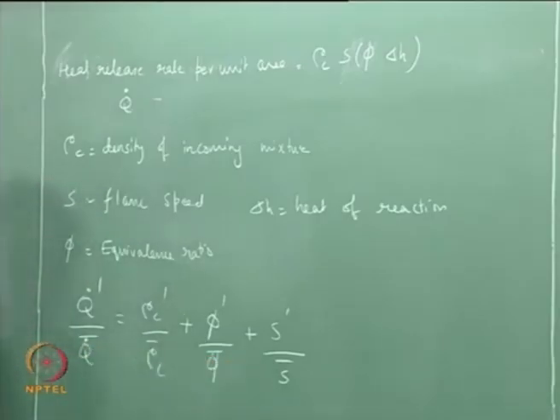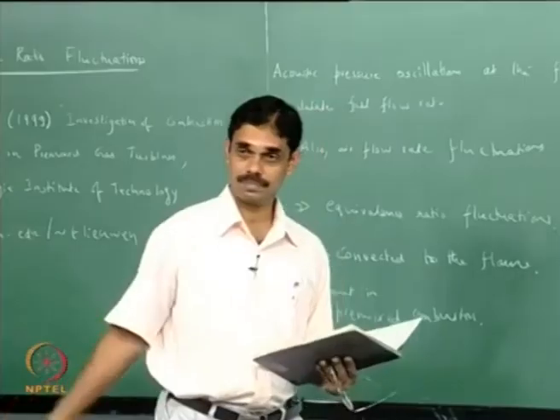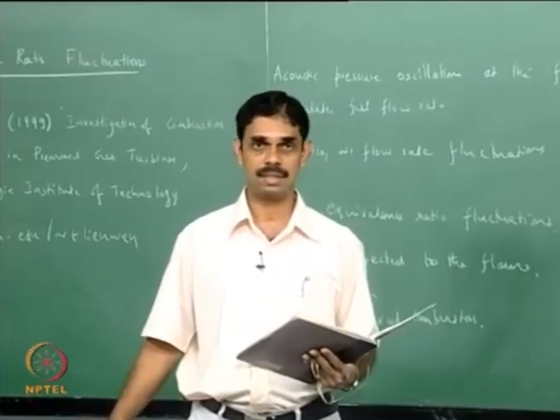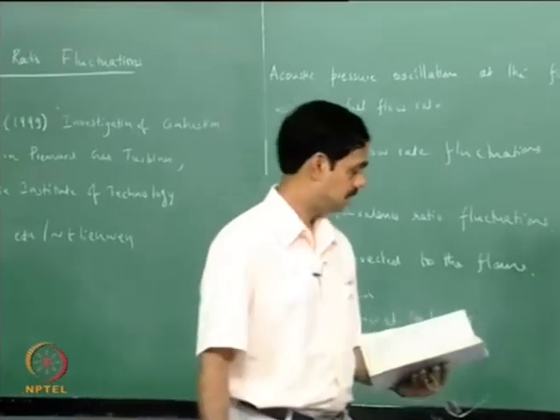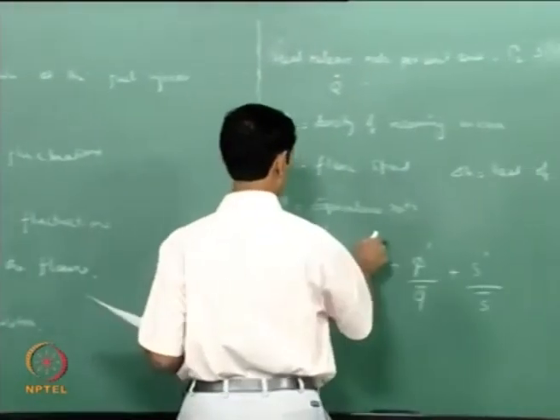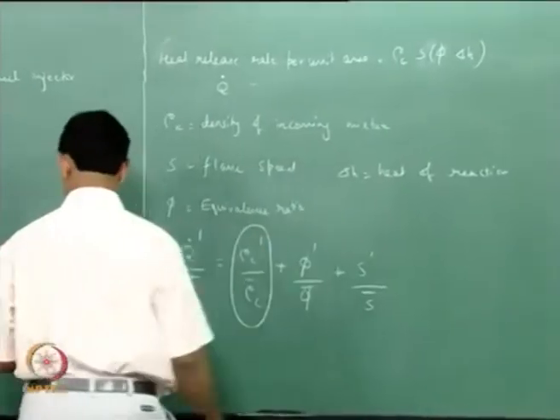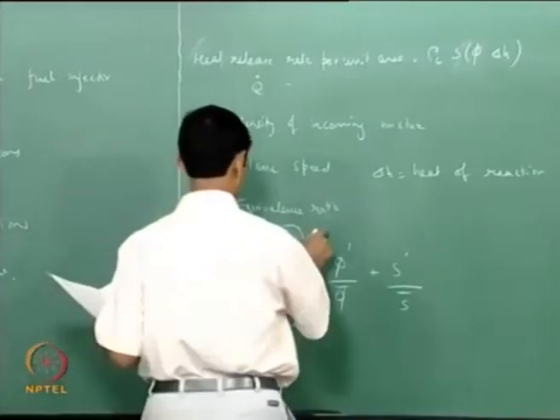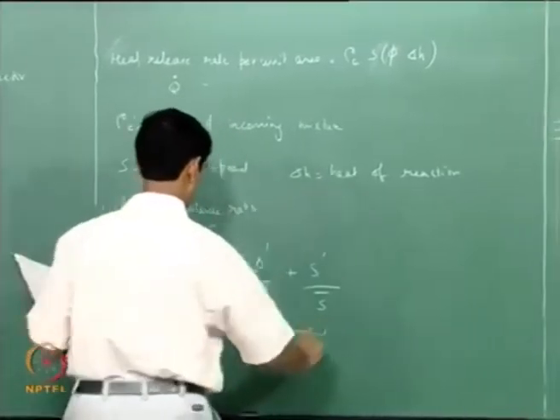So if you are talking about low Mach number combustors, in aero combustors the Mach number will be somewhat high, 0.2 or 0.15, 0.25 and so on, but in domestic burners or industrial power generators the flow will be very low. Under those conditions this may be negligible for low Mach numbers. So we will drop this and we will keep this.